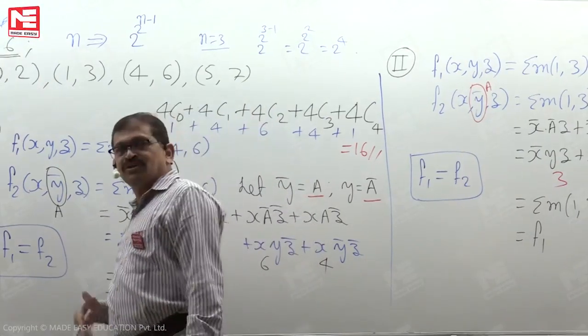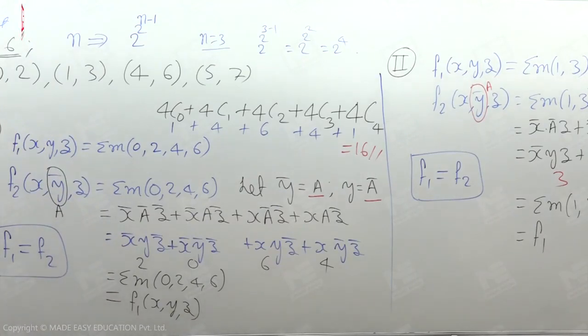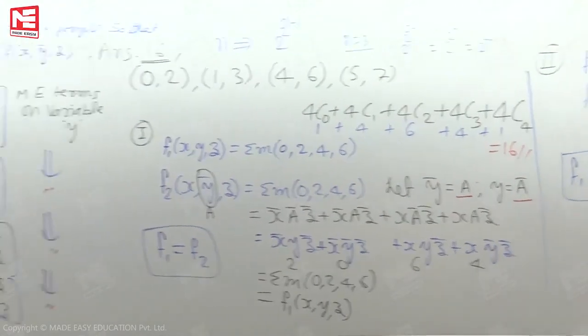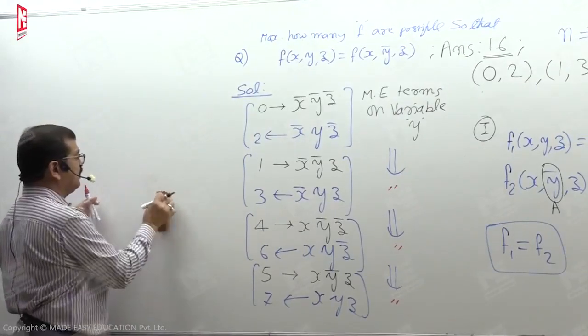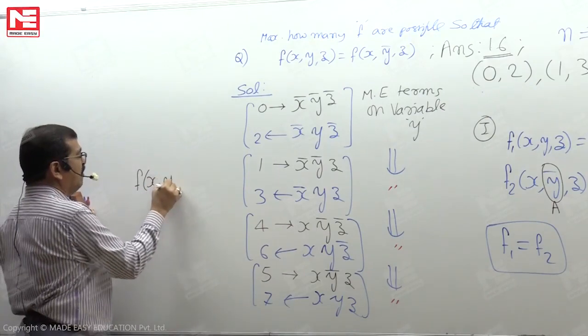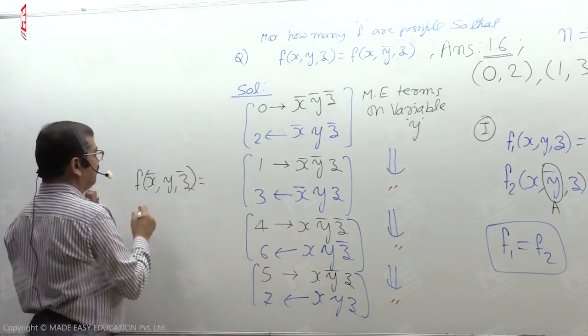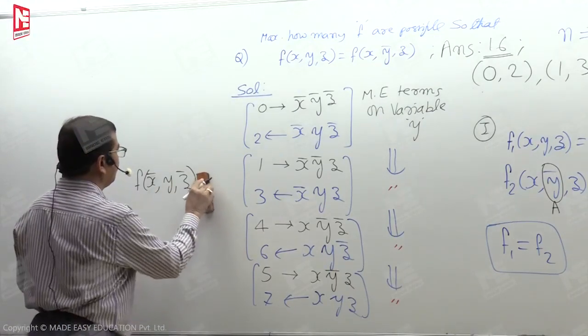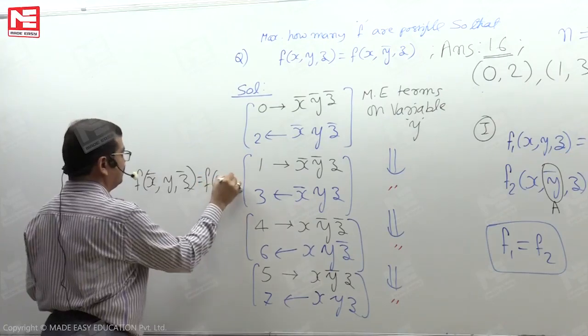And this sort of question may not be on a single variable. You can make a question similar to this, something like this also. We have a question: how many functions are possible, maximum, so that f of x complement y z complement is equal to f of xyz.